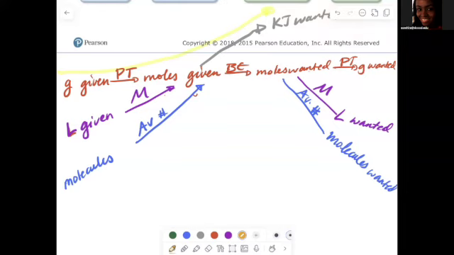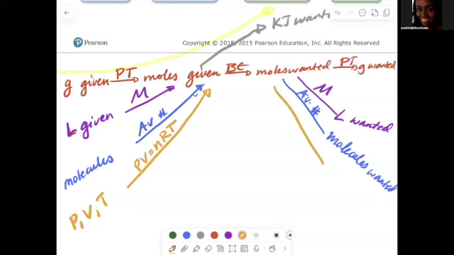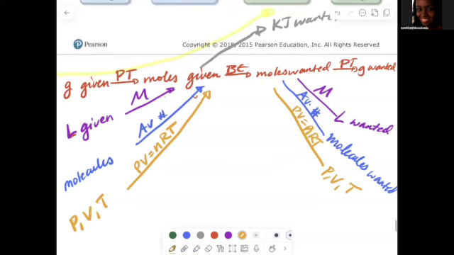So when you're looking at pressure, volume, temperature, you use the ideal gas law, PV equals nRT, to do the conversion. And same thing over here, then you do P, V, and T. You're going to use PV equals nRT.